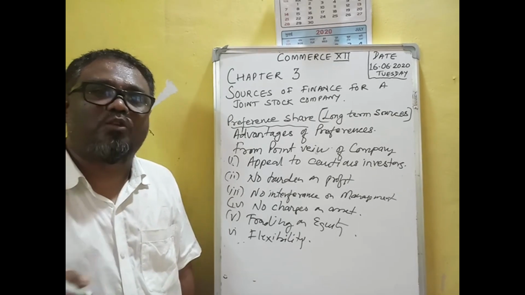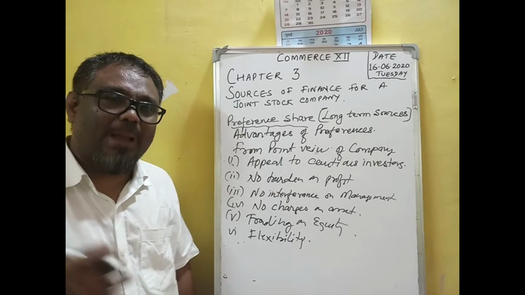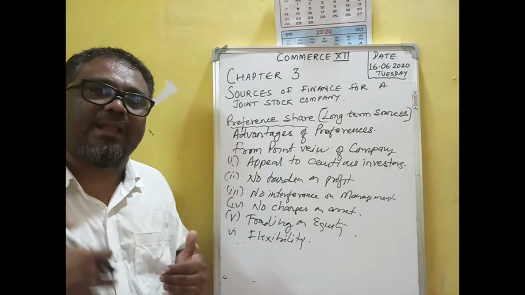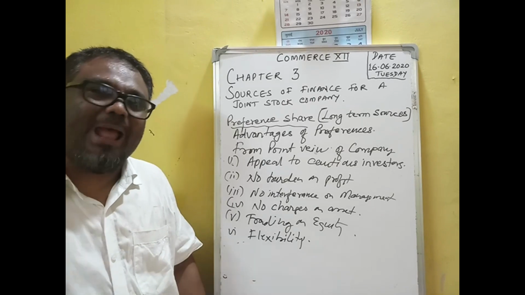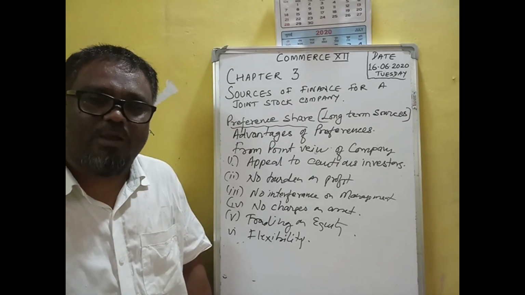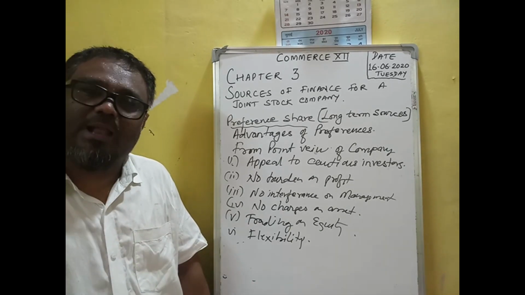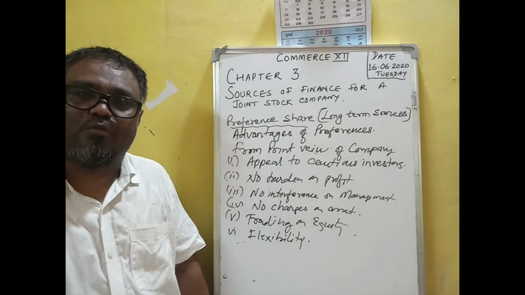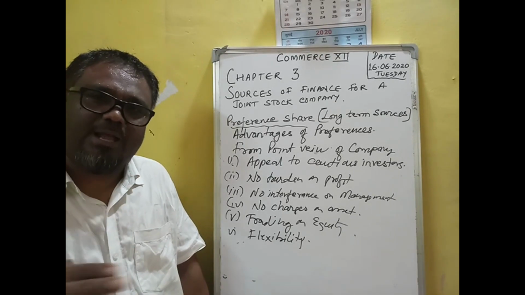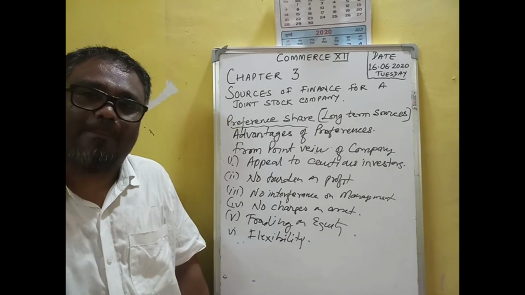And when there is excess capital, the company can repay the capital to the preference holders. That's why it is flexible. When the company does not need capital, it can return the capital of the preference holders.